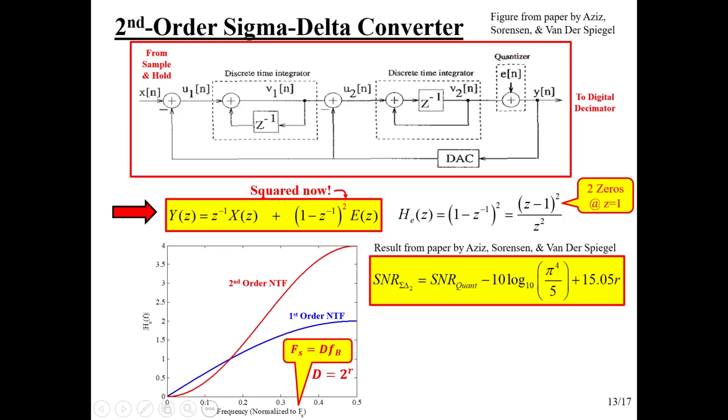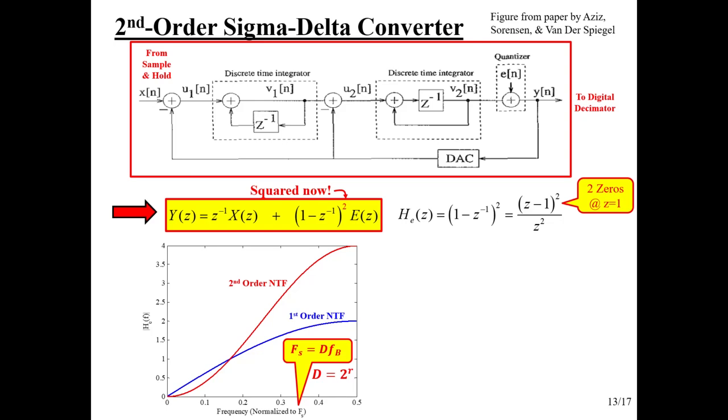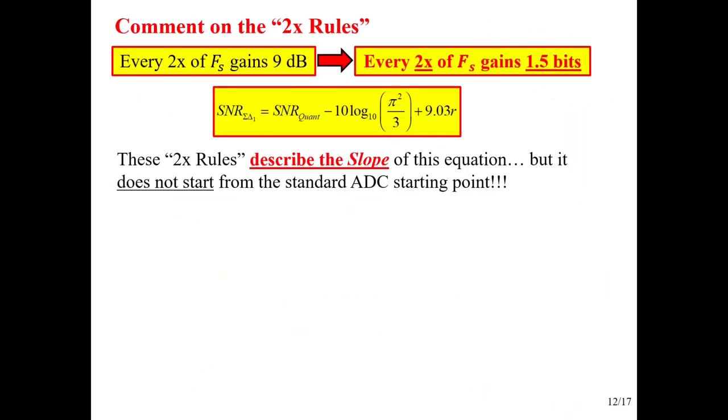And if you work out the signal to noise ratio stuff, you'll get something that looks like this. The penalty has changed a little bit. The trade-off is now 15 dB per doubling. But let's look. We have pi to the fourth over 5. What did we have before? Pi squared over 3.